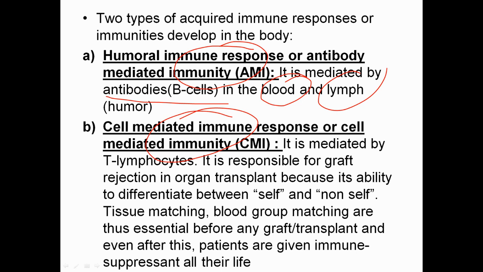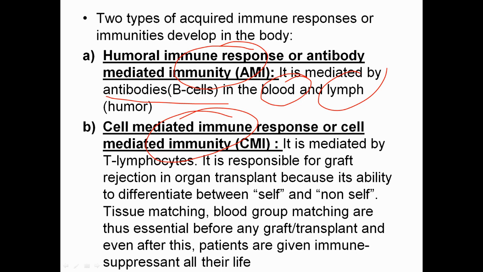Cell mediated immunity happens on the basis of recognition, the capacity to distinguish self and non-self. It is very important in the case of graft rejection. We can't take a heart or any sort of tissue from just anybody. We have the capacity of discrimination between self and non-self.